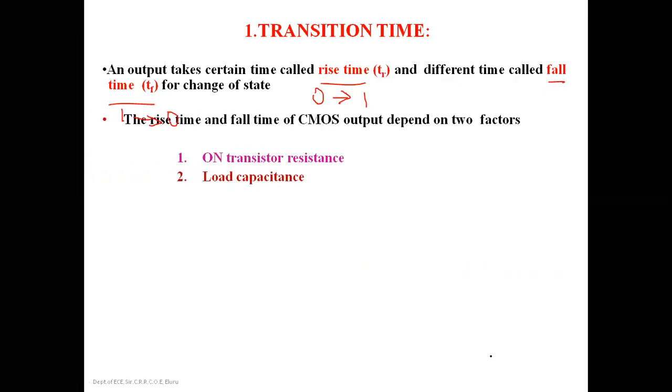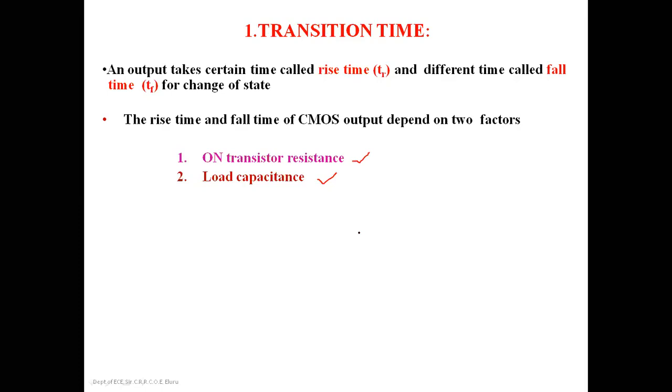The rise time and fall time depend on two factors: one is the on resistance of the transistor and the second is the load capacitance. The speed of the CMOS depends on two characteristics, transition time and propagation delay.